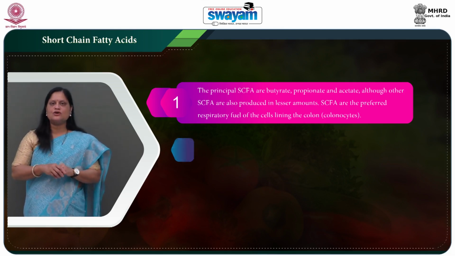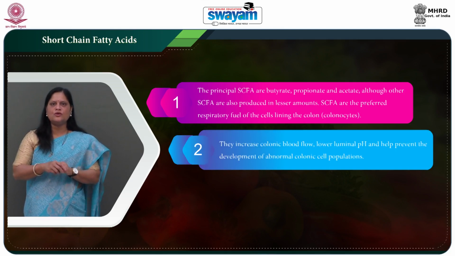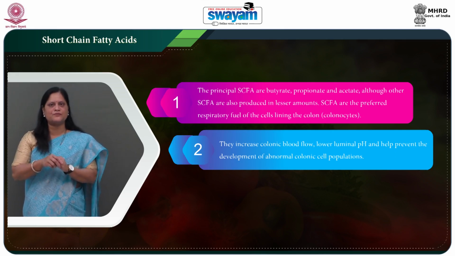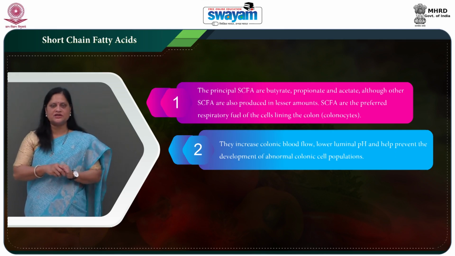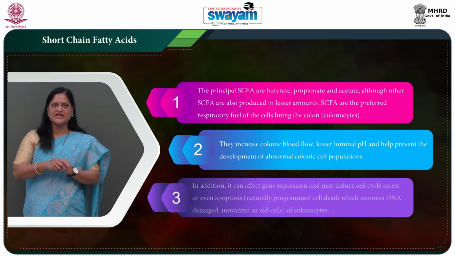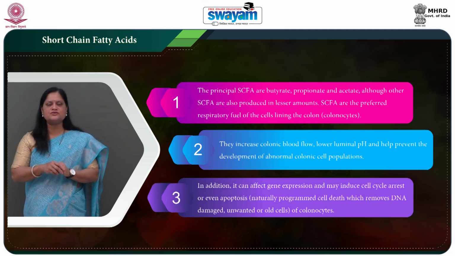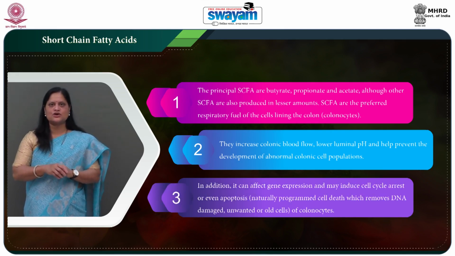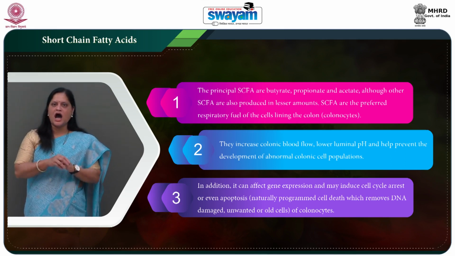They increase colonic blood flow, lower luminal pH, and help to prevent the development of abnormal colonic cell populations. In addition, they can affect gene expression and may induce cell cycle arrest or even apoptosis, naturally programmed cell death, which removes DNA-damaged, unwanted or old colonocytes.